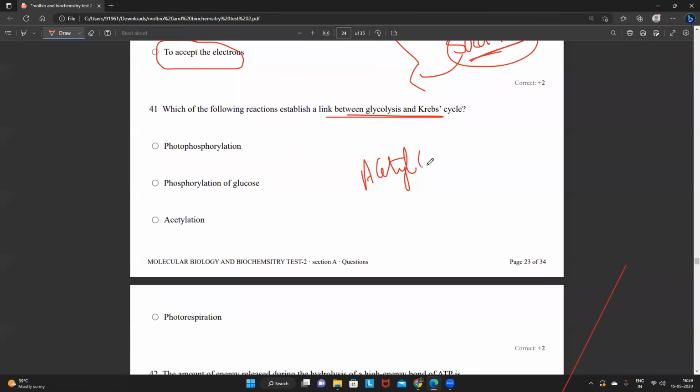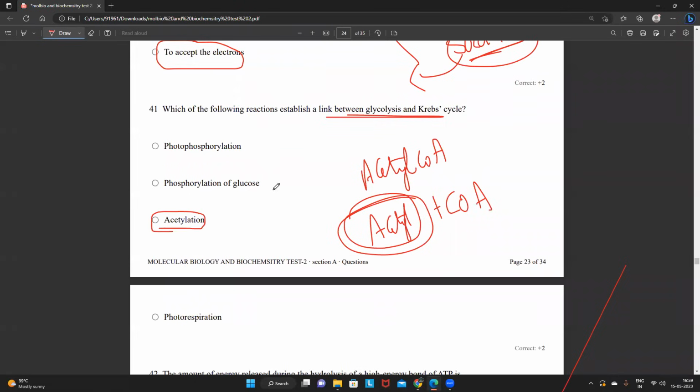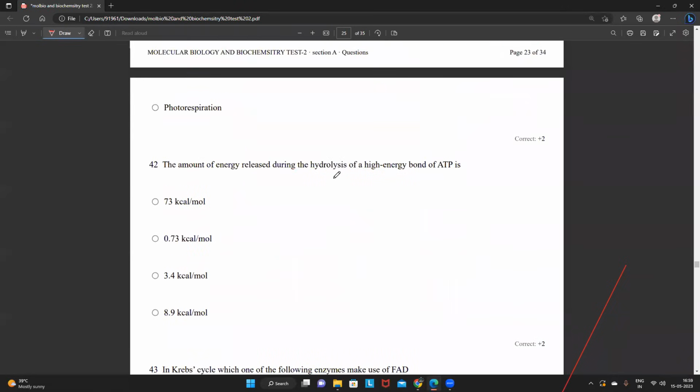Formation of acetyl CoA. Yes or no? What do you mean by the word acetyl CoA, friends? To the CoA molecule, we are adding the acetyl group. So addition of the acetyl group, we call acetylation. Hence, what will be the answer? Acetylation. Good.